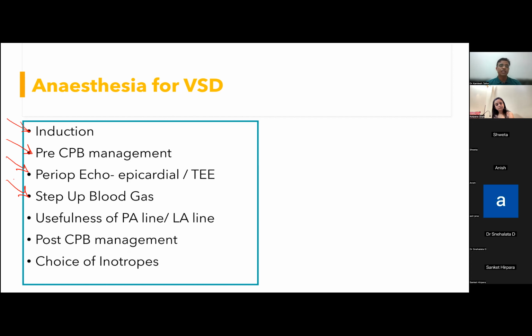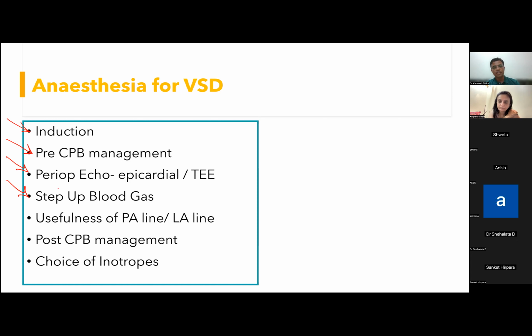Another way of seeing whether it is effectively closed or not is to do a blood gas and look for a step up. Take blood from the RA and blood from the PA. If there is a residual VSD, there will be an unexpectedly higher saturation in the PA gas, because normally the RA blood goes to the RV and the same blood goes to the pulmonary artery.